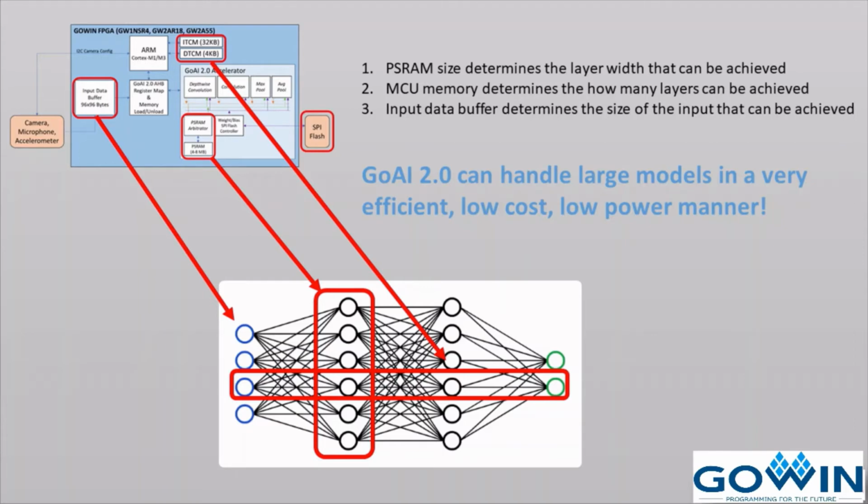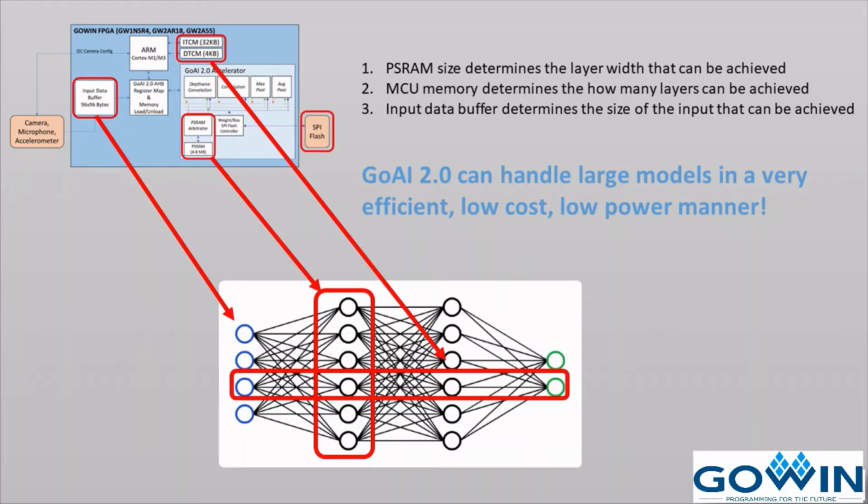So basically, layer by layer information is performed by the MCU, and then the NPU processes each layer, and the PSRAM supports holding the input and output layers.